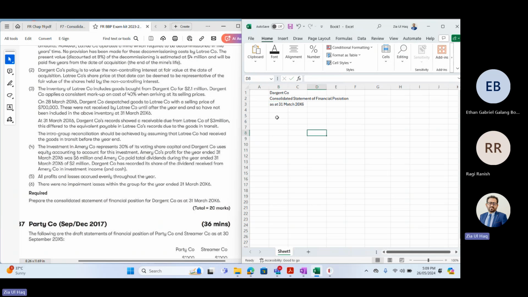And we know consolidated financial statements, so we need to write down assets first. And then we need to write down non-current assets in assets. And then current assets, equity and liabilities, and so on.